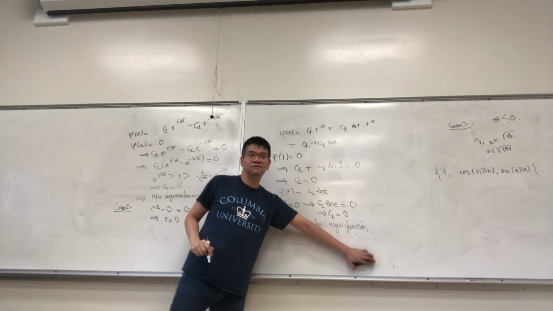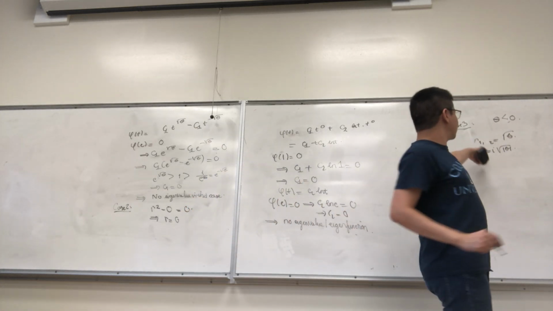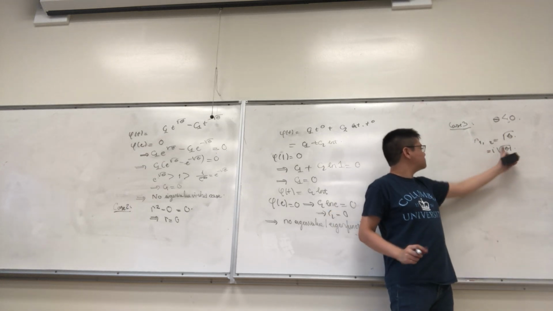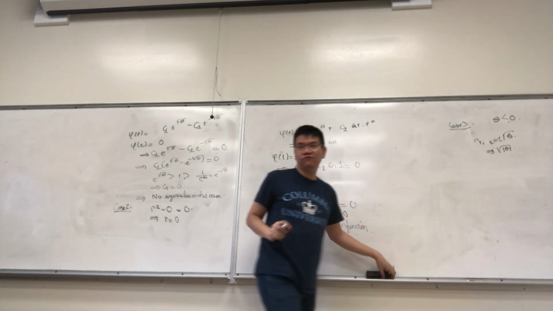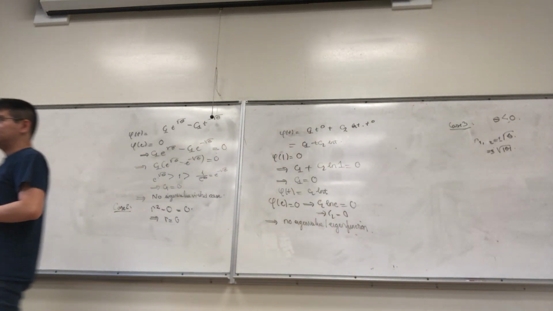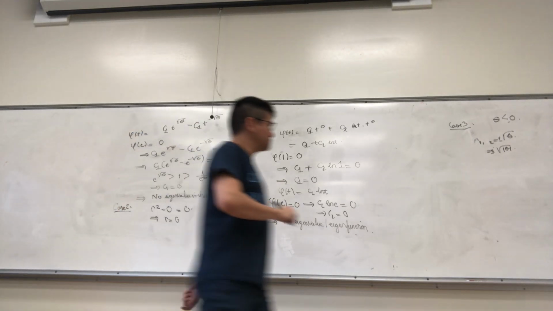Other questions? Now, in this case, the two roots will be plus or minus i square root theta. What is the form of these? Constant times x to the real part, cosine of square root theta times ln of x, and then the other with the sine.